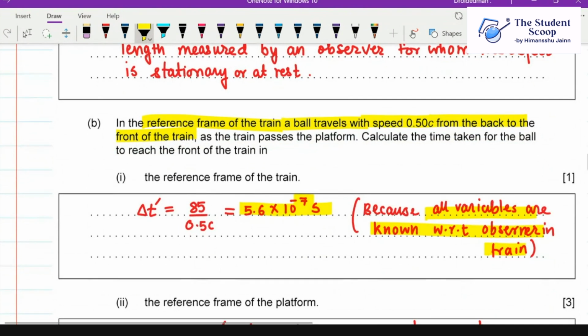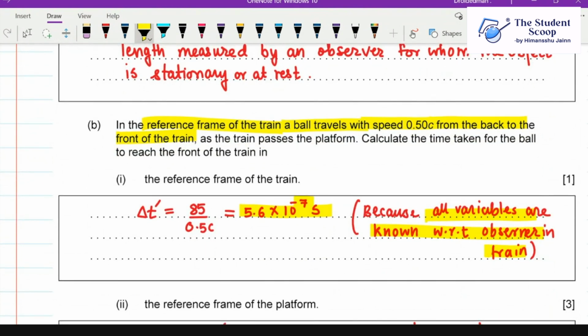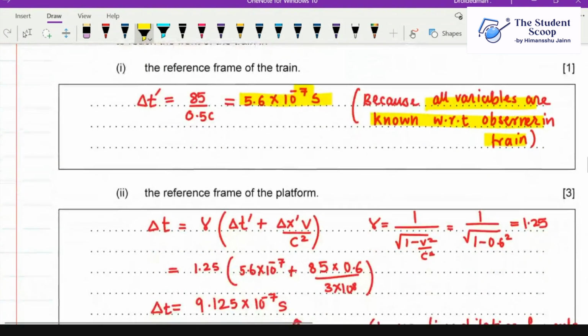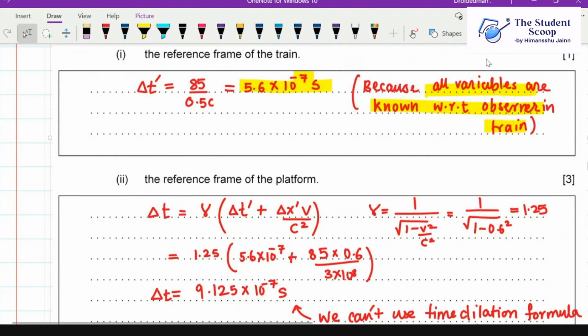If you want to find it in the reference frame of the platform, since we know the distance and the time in the reference frame of the train, we can use the formulas for transformation.